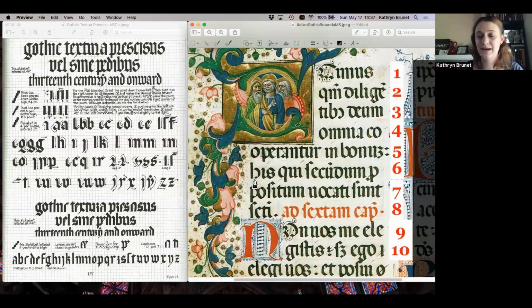So we can use context clues to point out that the B's are made this way, the H's are made with this second stroke. And then we have another I, and then this sigma S, which is my favorite. And then we have a Q.